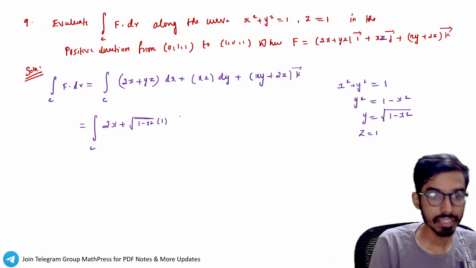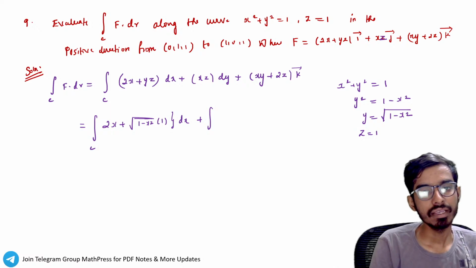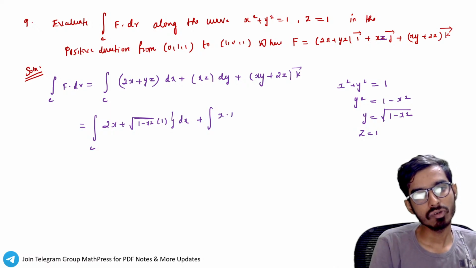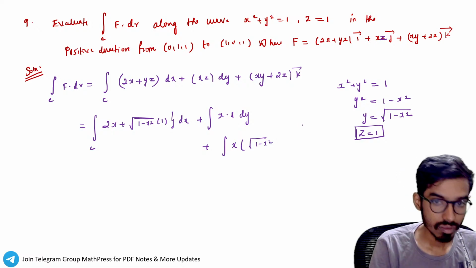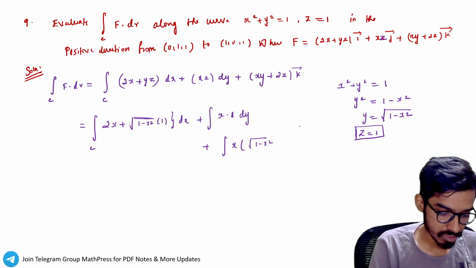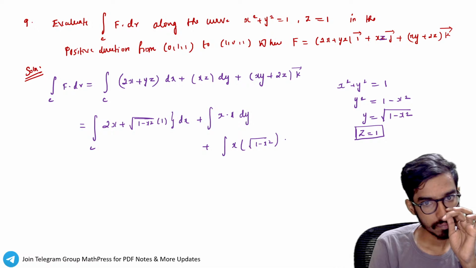Plus, I'm just integrating separately, x into z, so x into z is 1, dy. Plus integration of (x into y, where y is root of 1 minus x square, plus 2z), right?